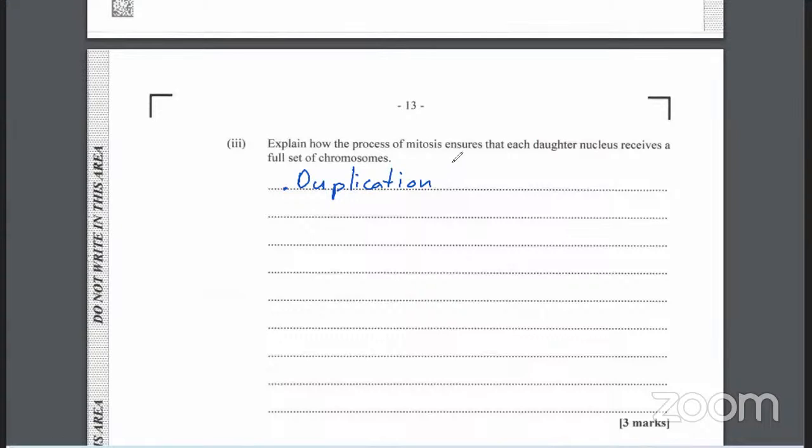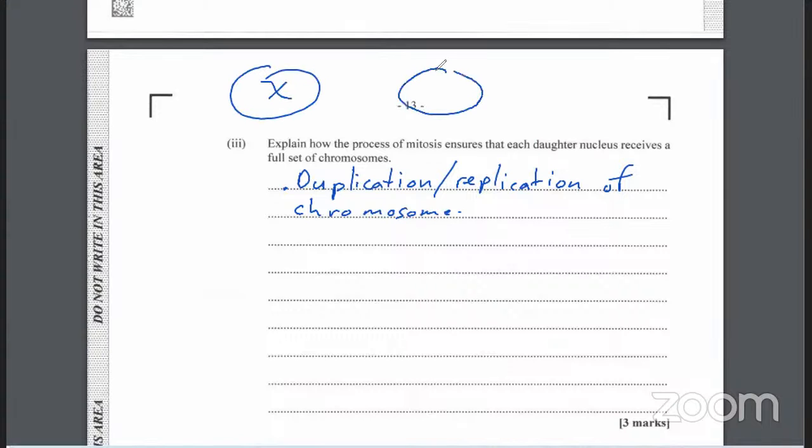So once you duplicate, I want to put replication. So you have one chromosome, one becomes two, right?